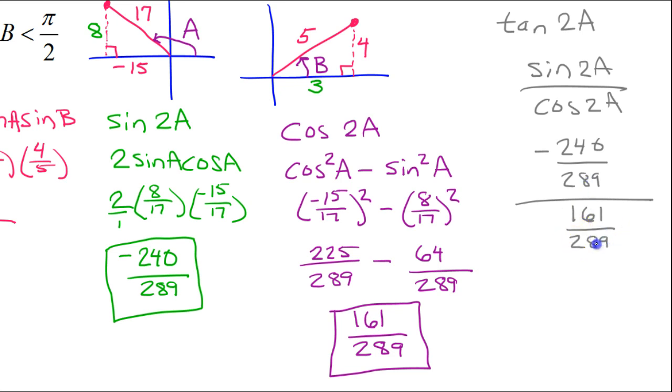See how the denominators are the same? Those are going to cancel each other out and just leave behind the numerators. So that's why the final answer is going to be negative 240 over 161. Alright, so that is the tangent of 2A.